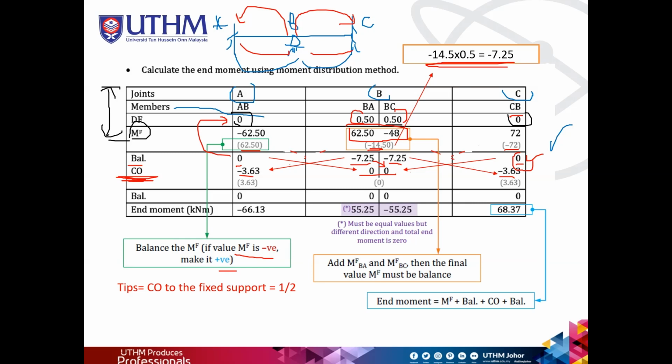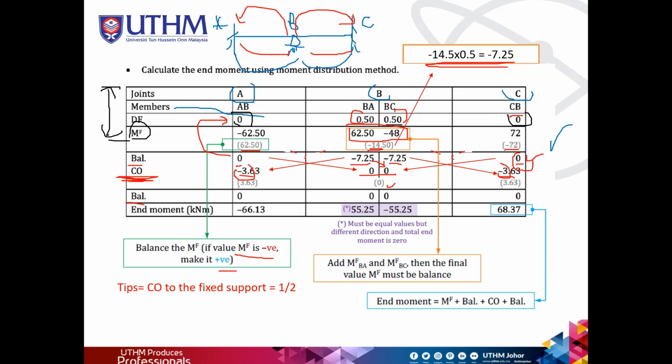Then you do the balancing. This one is negative, so in the bracket will be positive. This one 0, so this one is nothing, and this one is a negative value, so in the bracket is positive.